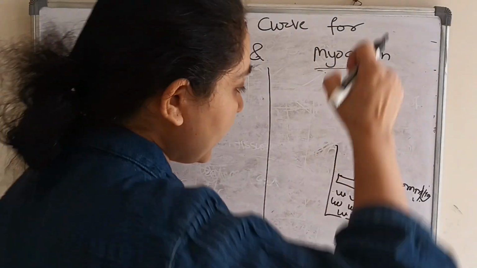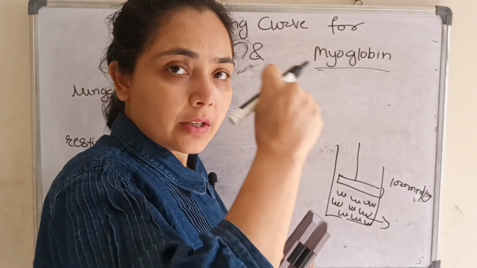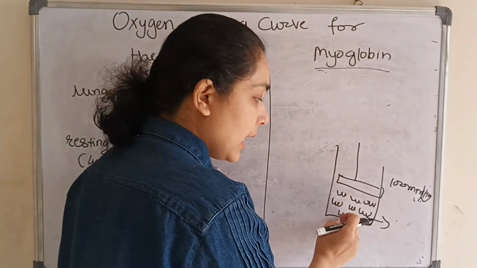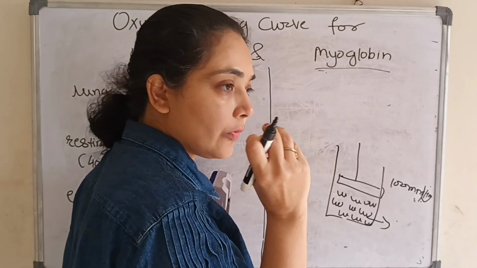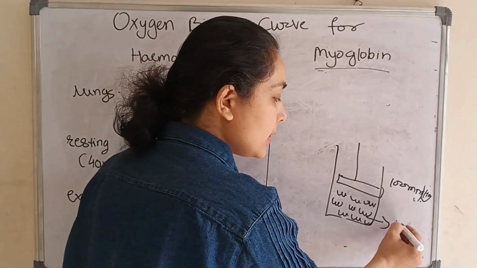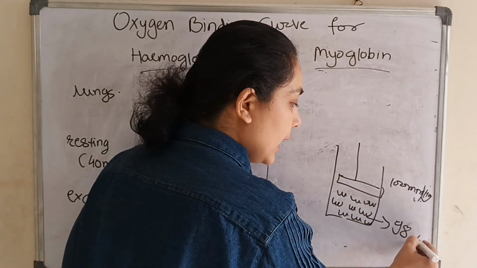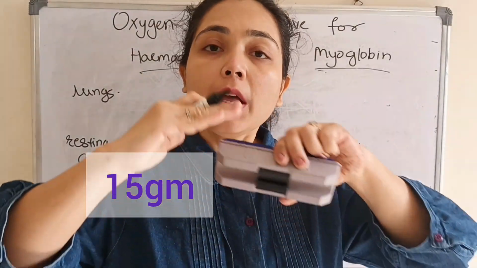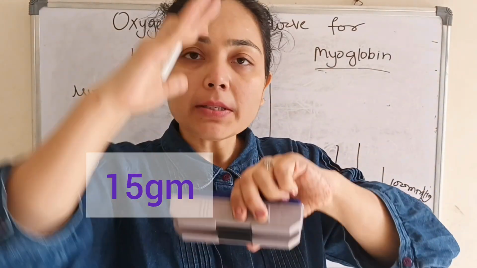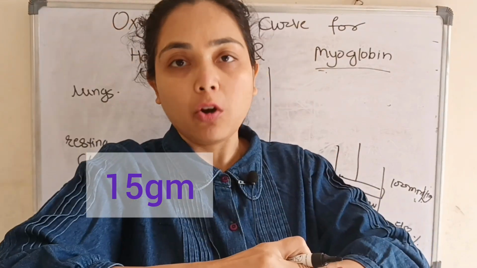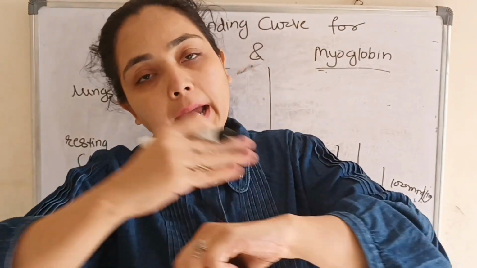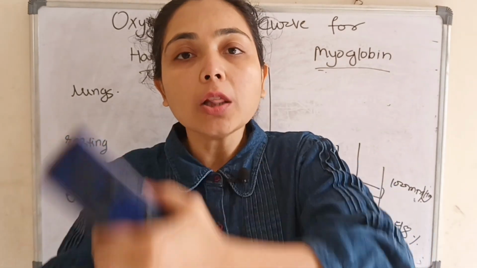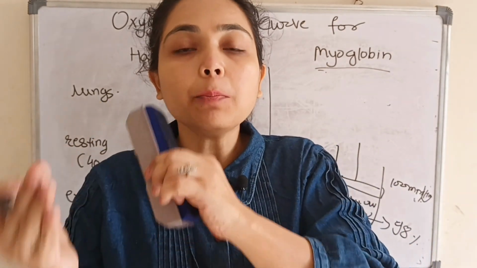When we apply the pressure which we had discussed, in the lungs the partial pressure of oxygen is 100 mm of Hg. At that time, the hemoglobin which is present in the mixture is almost 98% saturated. Out of 50 gram, 98% of the 50 gram is saturated or loaded with oxygen. As we move on to the tissues or the exercising tissues, unloading will take place, and that percentage we will discuss.